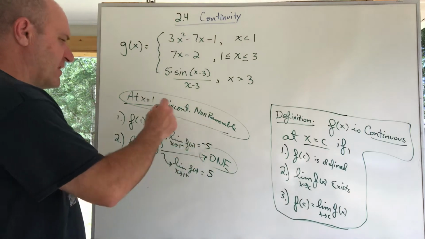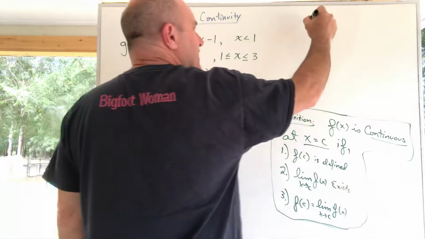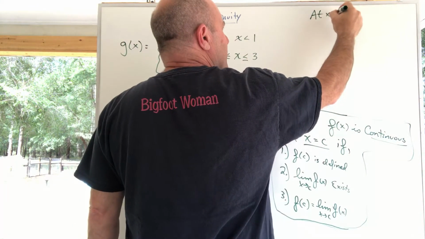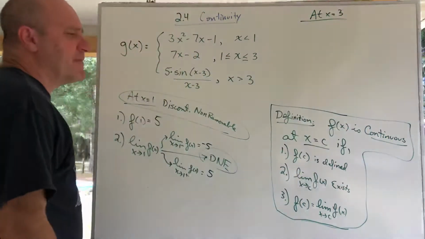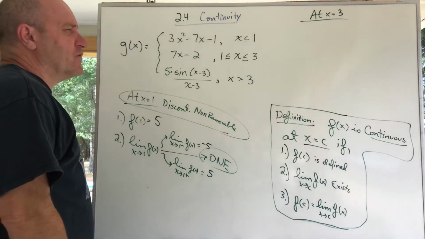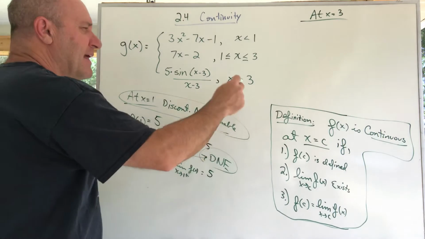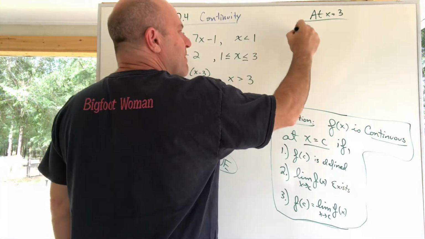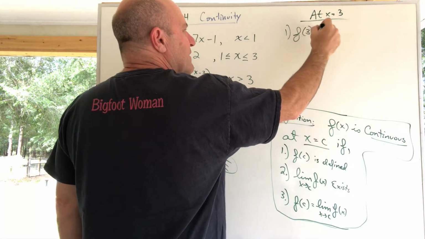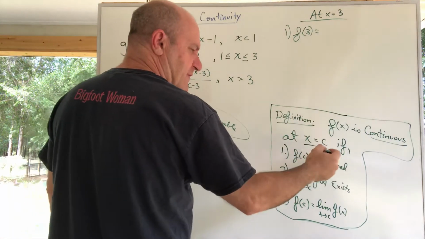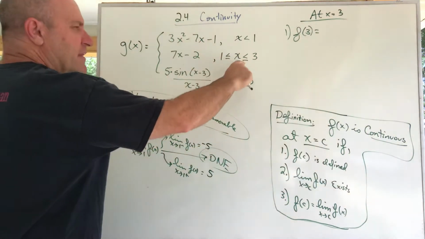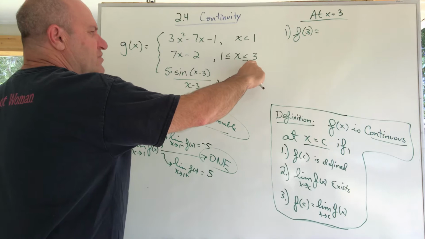Okay, I'm also worried about x equals 3. Let's investigate x equals 3. So I'm moving over here. Sorry. All right, step 1: what's f of 3? Plug 3 into the function.